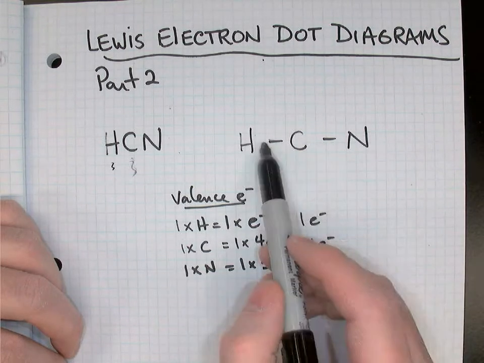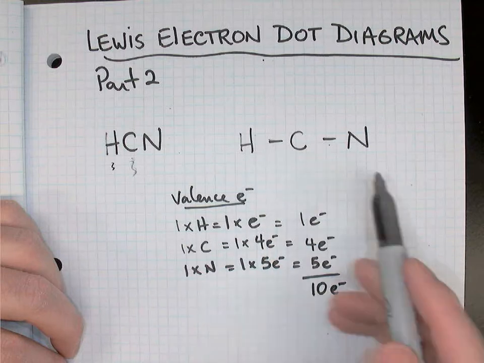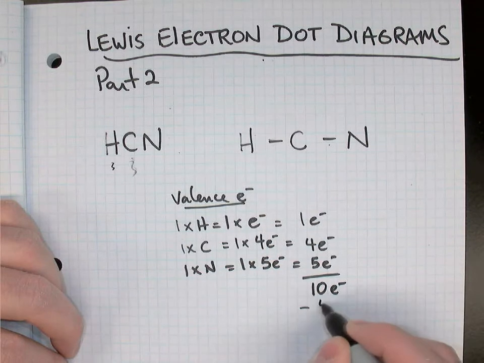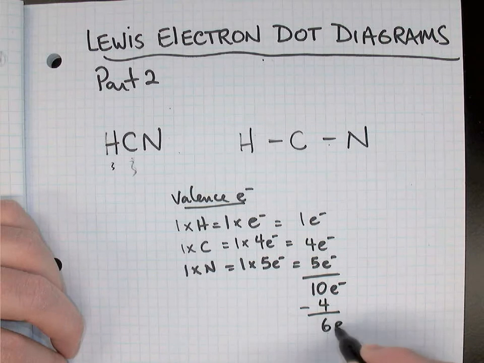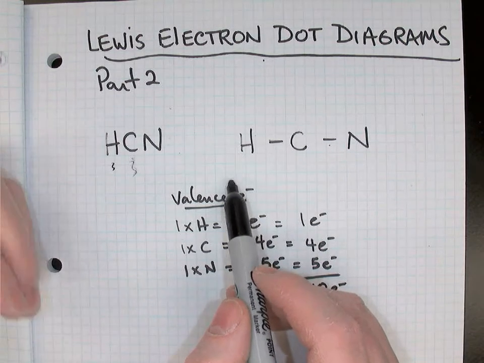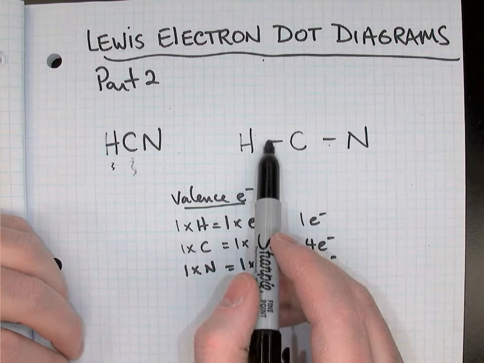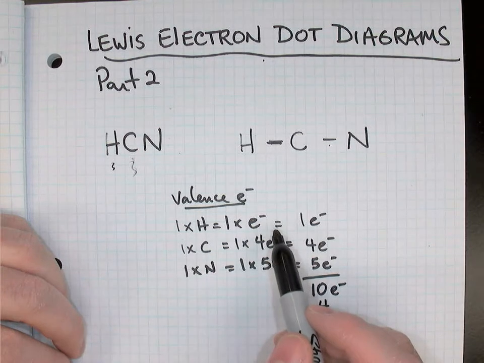In bonding hydrogen and nitrogen to the carbon, we've already used up 2 and 2. We've used up 4 electrons. Each bond represents 2 electrons. So we have 6 electrons remaining. Recall that hydrogen obeys what's called the duet rule. It's satisfied with just 2 electrons, and it has 2 electrons right there in that bond.